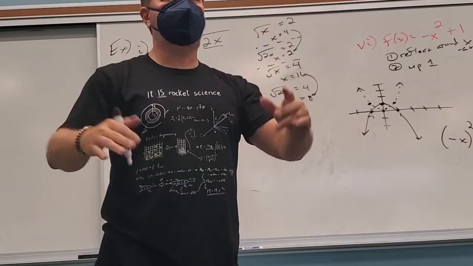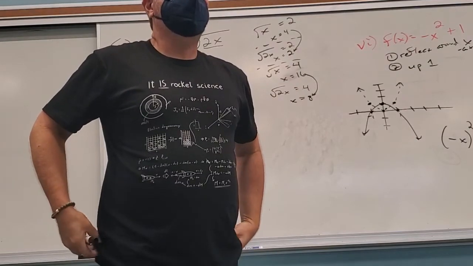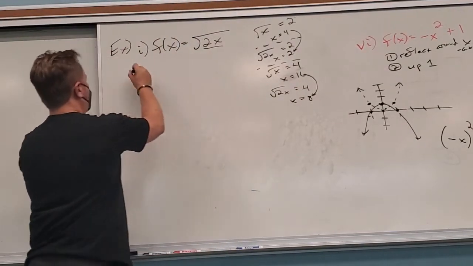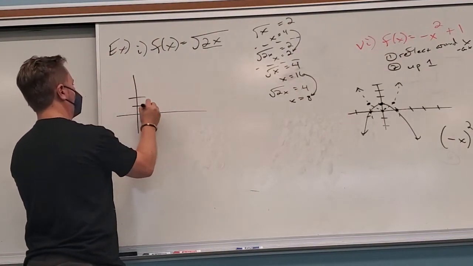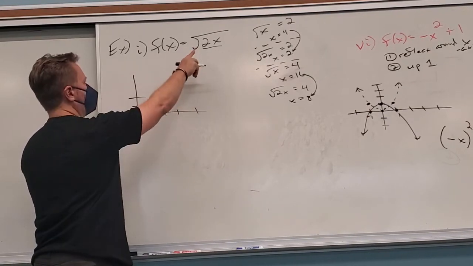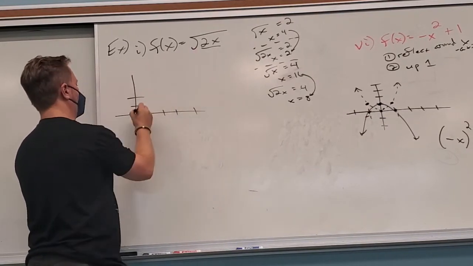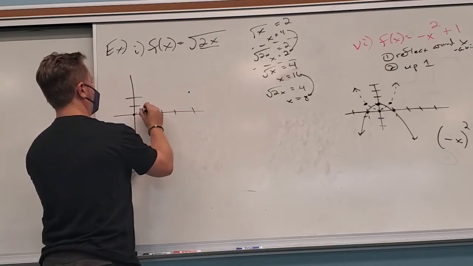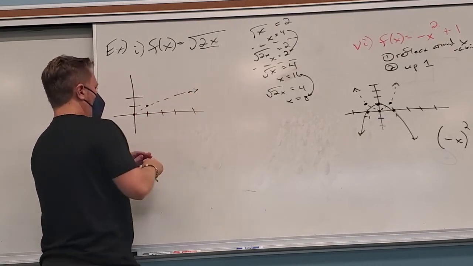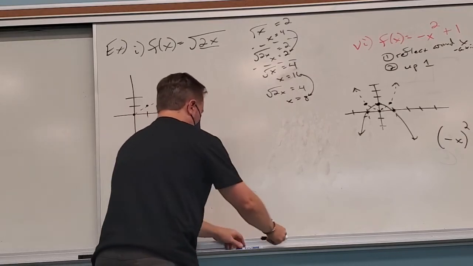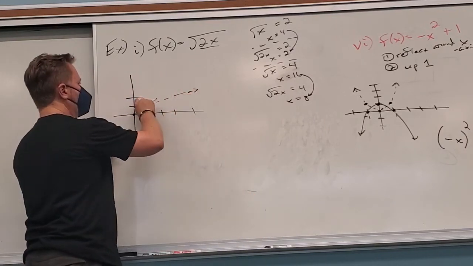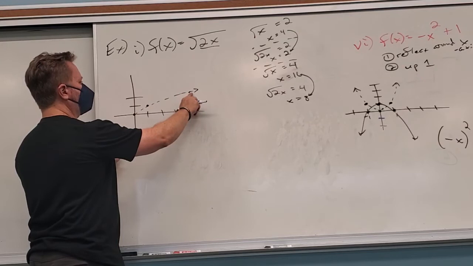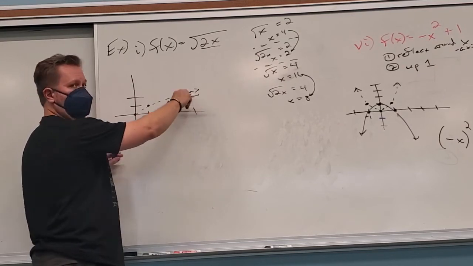So what does that do graphically, Jeff? I don't know. So the base graph looks like the square root. Let me double check. It's the square root. Can't trust myself this morning. So it looks like this. But now, to get an output of 2, I just have to put a 2 in, not a 4.